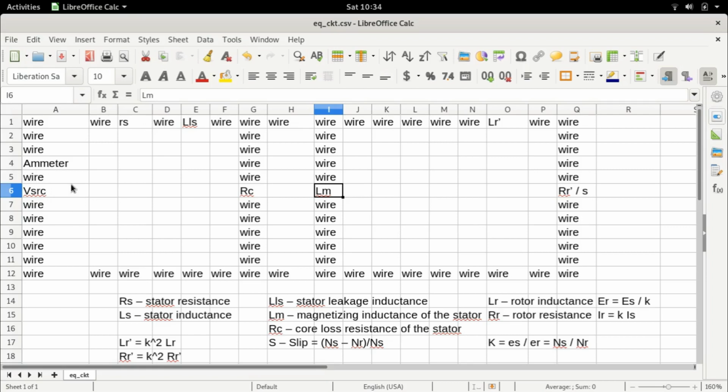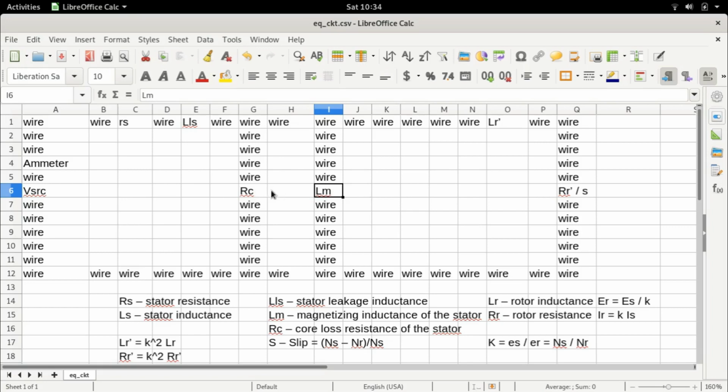And this voltage is usually very low because, as I said, once you clamp the rotor and the slip is 1, this impedance is so small that you do not need much of a voltage to pass a rated current in the stator. And because this voltage is so small, the parallel branch, which is composed of the core loss resistance and the magnetizing inductance, is negligible.